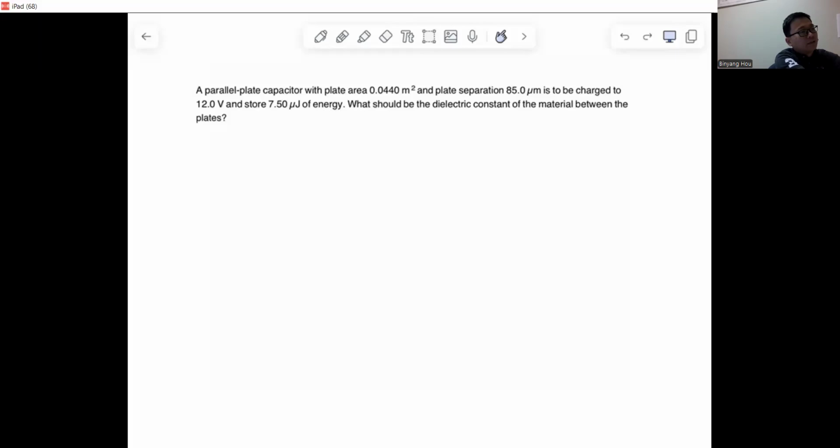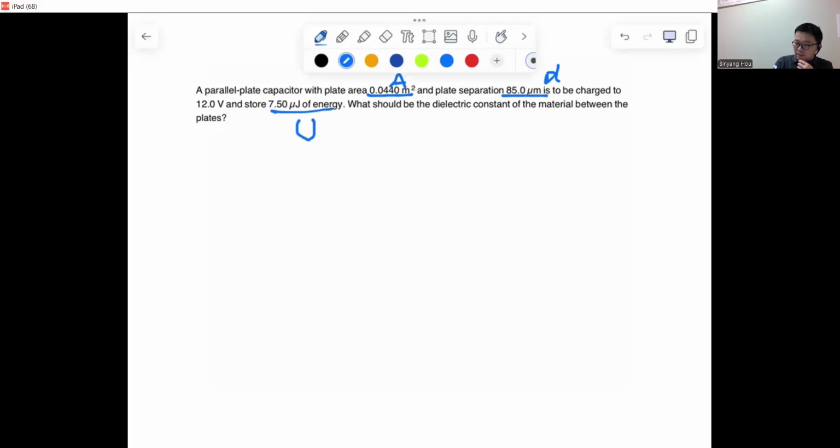So it tells us the area is given, and it tells us the separation, so that's D. This is area, this is the energy stored, U, and this is V, volts. What would be the dielectric?